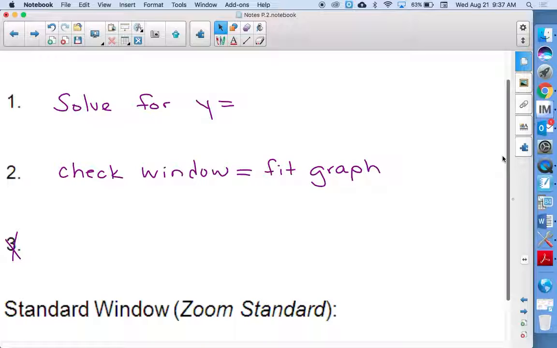So, in your packet, the other packet, the homework packet, there is a basic graphs worksheet, no calculator. So try and think, like, where's the starting value? And then how does the exponent, the absolute value, the radical affect the graph?